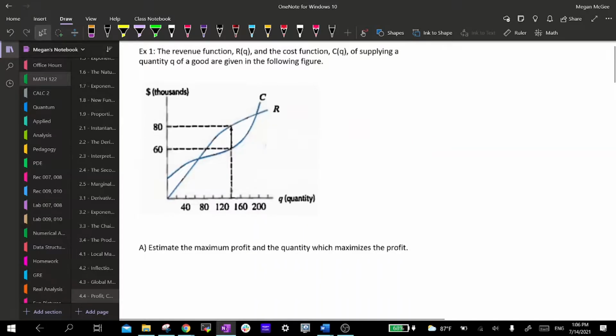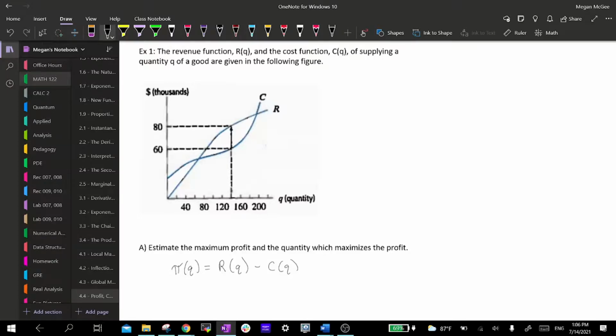Alright, so we know that profit, which we normally write with pi, is the revenue, which is the total amount of money the company takes in, minus the cost of however much it takes to make said product.